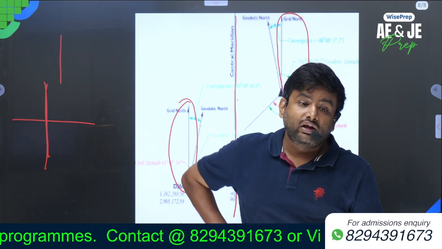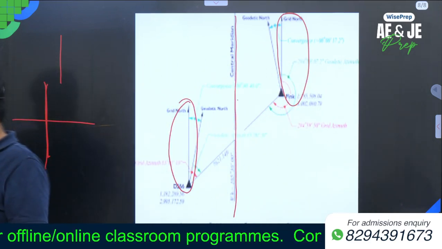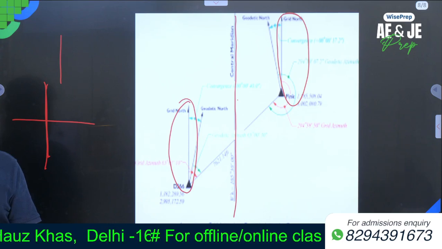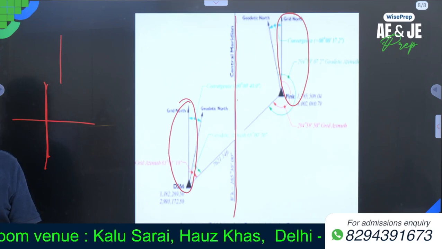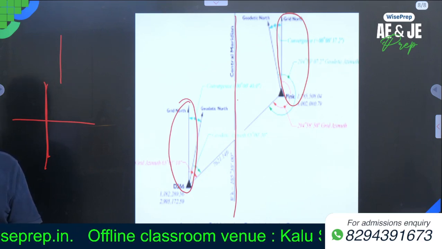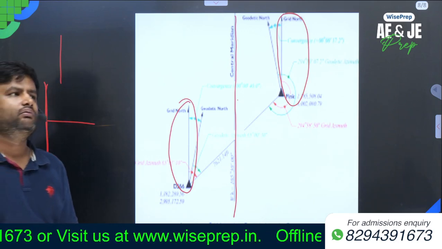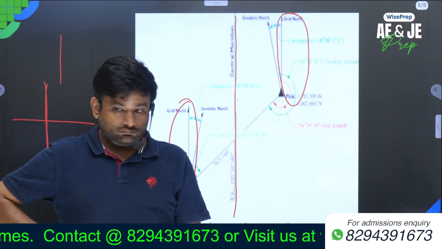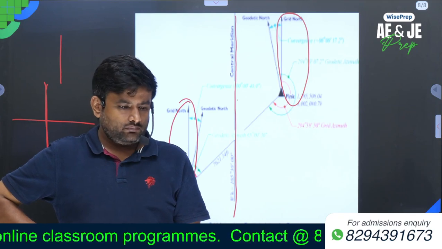Reconnaissance means rough survey. Okay, so write down: first, to find magnetic bearing of a line. Second, to fill in details. Third, to find the direction during night. Next, tracing of a stream.